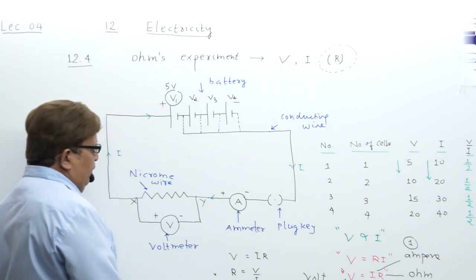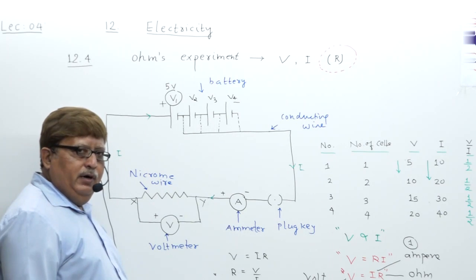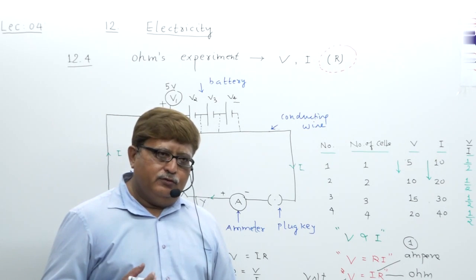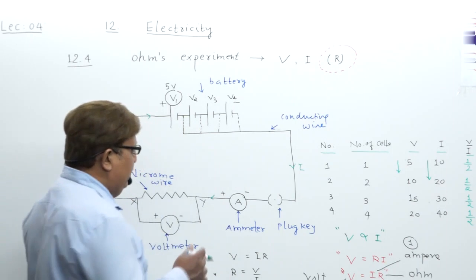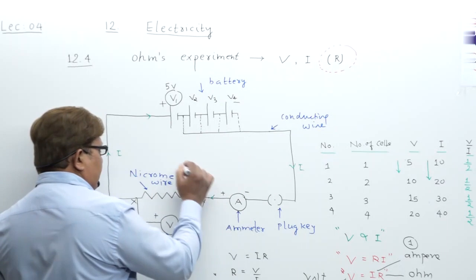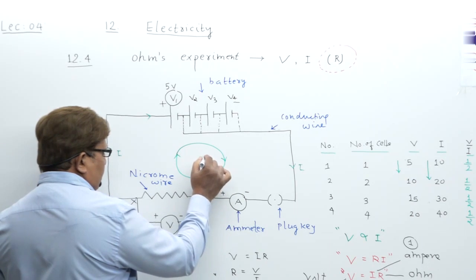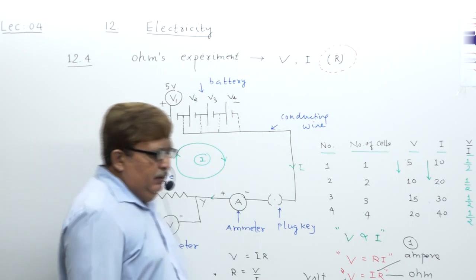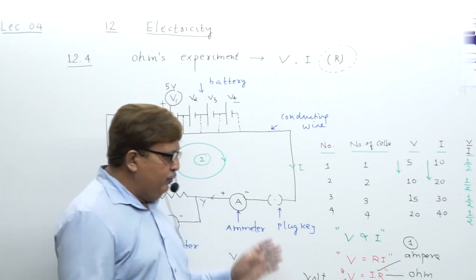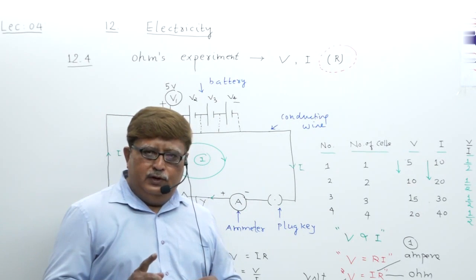Just try to understand one very important thing. What do you mean by electric circuit? Suppose I ask you in exam. The closed path of electric current. How will you define electric circuit? The closed path of flow of electric current.